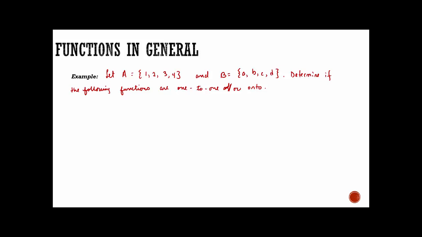So the first function is f equals {(1,a), (2,a), (3,b), (4,b)}.